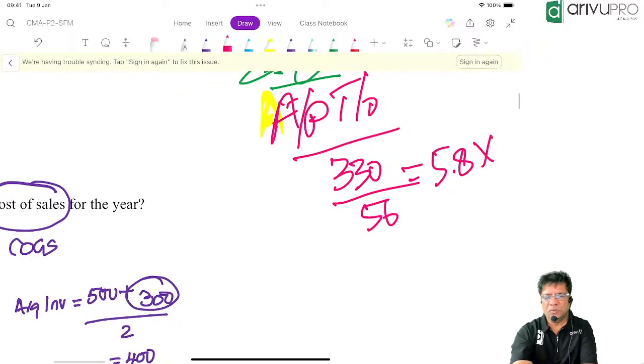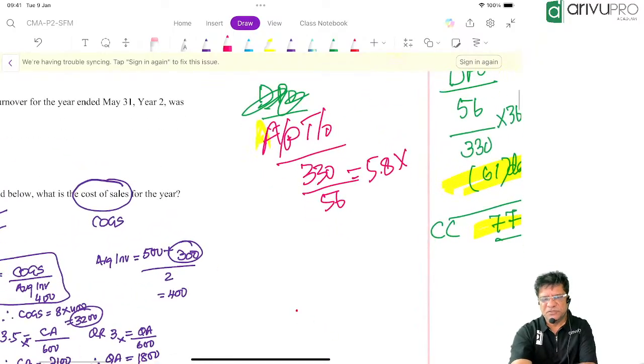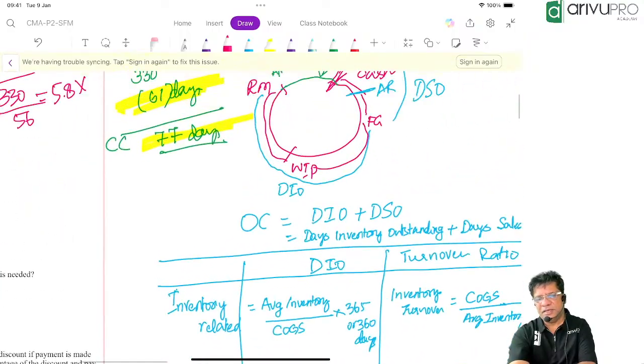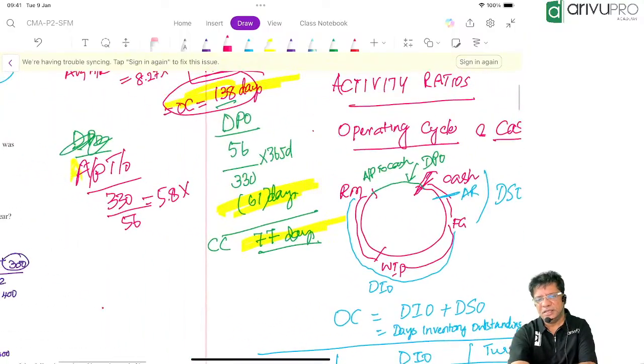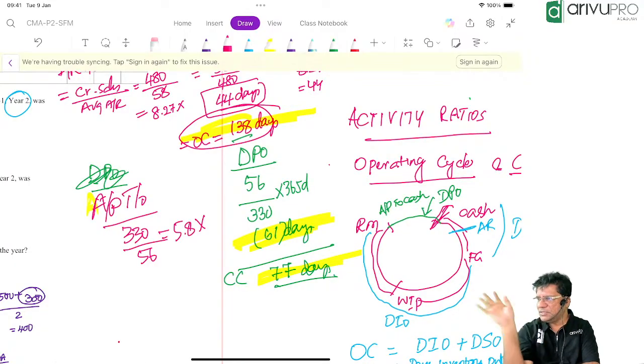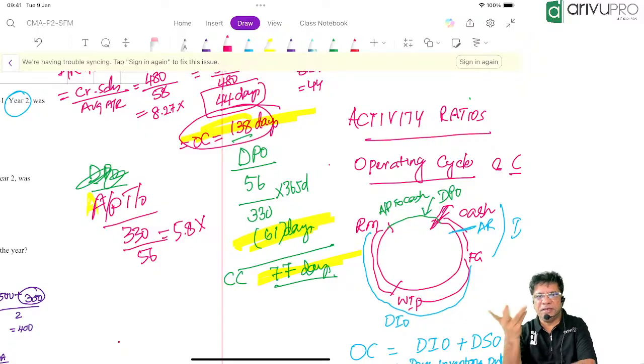Now, what is desirable? Of course, a shorter cash cycle is always good, like a shorter operating cycle. The more quickly you collect and pay, finished off, then your suppliers also will be happy. They continue to supply to you. But a little delay you can do, a reasonable delay for suppliers.